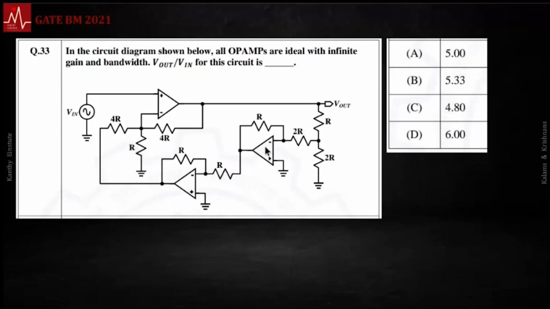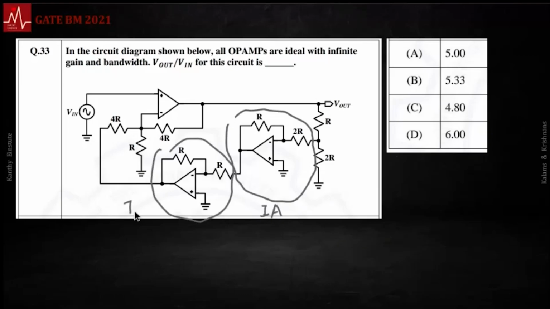Here there is an inverting amplifier, there is another inverting amplifier, and there is a non-inverting amplifier. They are cascaded. This is fairly easy.